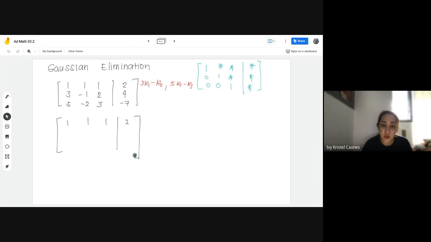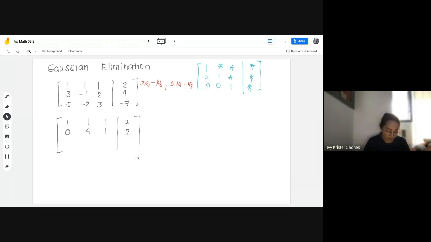So, 3 times 1 is 3 minus 3 is 0. 3 times 1 is 3 minus negative 1 is 4. Then, 3 times 1 minus 2 is 1. Then 3 times 2 is 6 minus 4 is 2. So you zeroed this, then also perform that operation on all the elements on the same row.